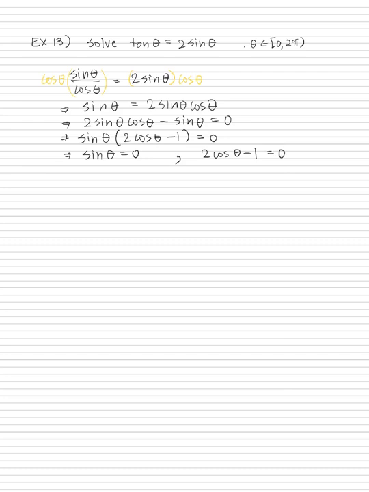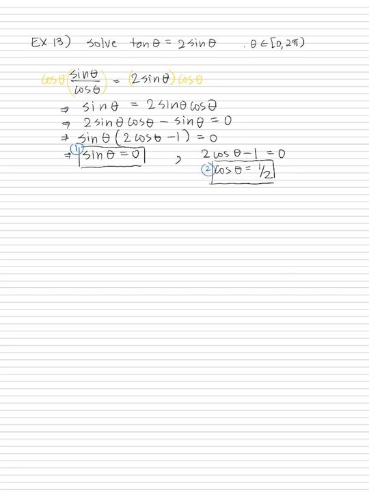Okay, so let me just box that one. And solving for cosine of theta, here you're going to get cosine of theta is 1/2. So we got 2 things to do again, 1 and 2.